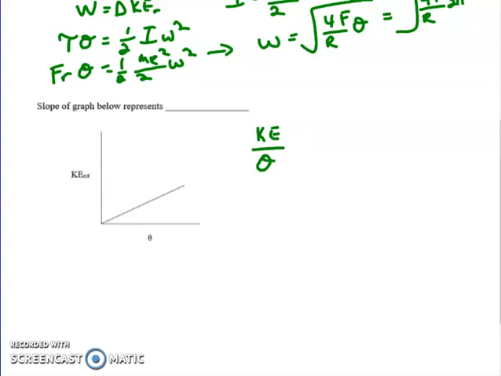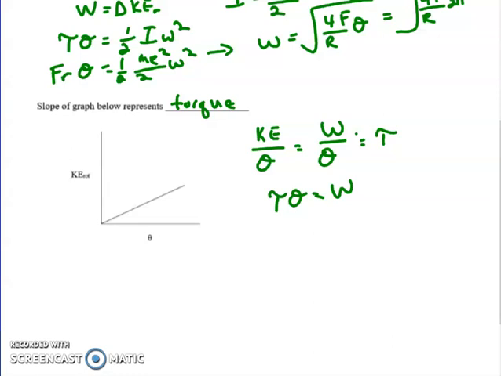However, we can equate the total kinetic energy gain as work done, so work over theta. Now we should make a connection from this. We learned earlier that torque times theta is work, so therefore the ratio of work to theta is nothing more than the torque. So you want to be able to interpret graphs like that. You've done many things like that before with force and distance, so it's nothing different with rotational. We'll see more problems like this on the homework.